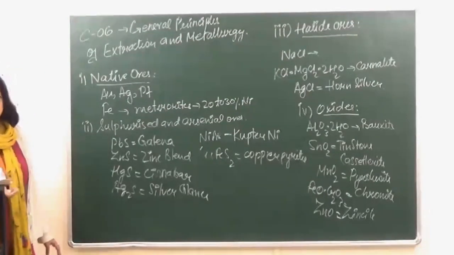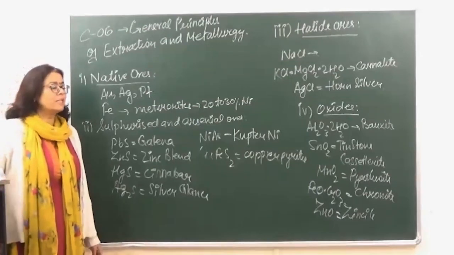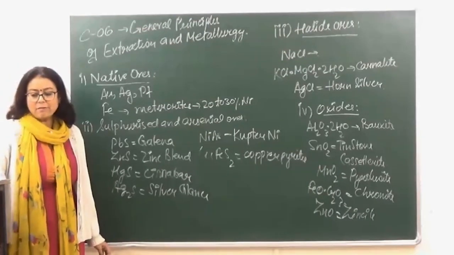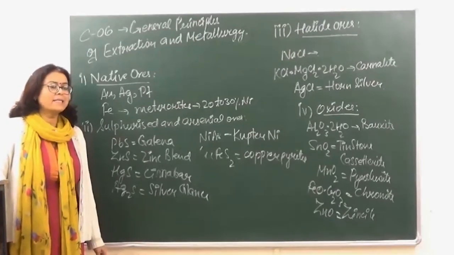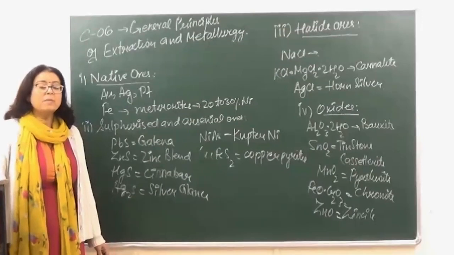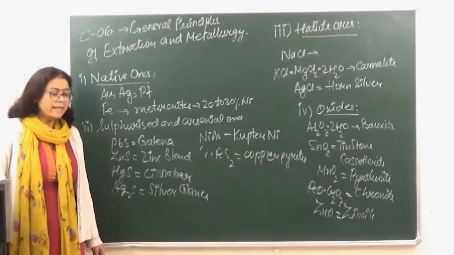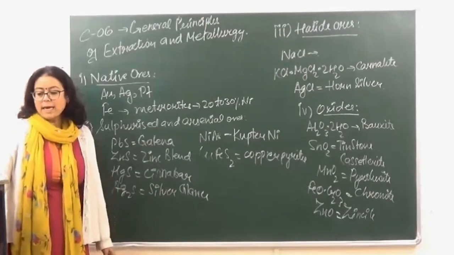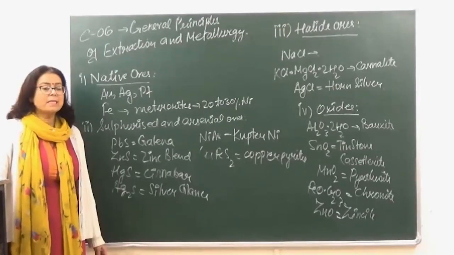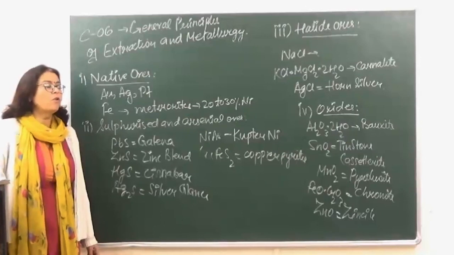Then we know what limestone is, calcium carbonate, CaCO3. Then we have magnesite, which is MgCO3. And then we have calamine, which is ZnCO3, zinc carbonate. And we have barytes, which is barium sulfate. So all these are present in the form of oxides.